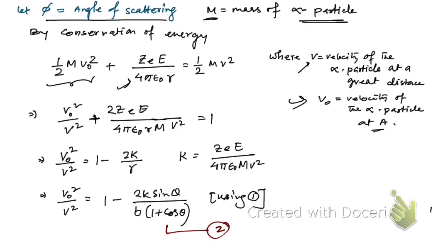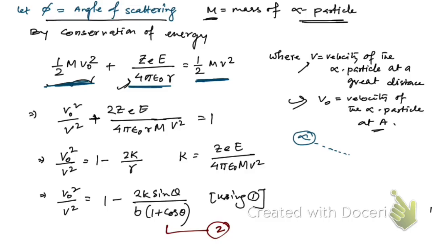Now you see, kinetic energy plus potential energy must be equal to the kinetic energy of the alpha particle before it reaches the point A, because total energy is conserved. The energy of the alpha particle is purely kinetic before it goes to a point close to the nucleus.